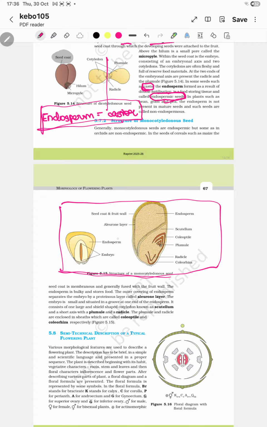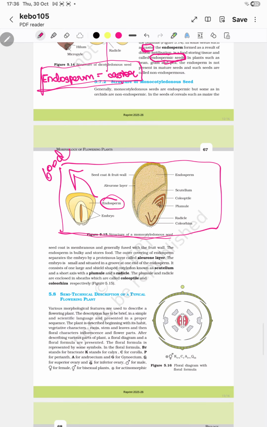And here, the endosperm is bulky and it stores food. It's more prominent as compared to dicots. Now, the outer covering of the endosperm separates the embryo by a layer called aleurone layer. The embryo is present at one small side of the endosperm.